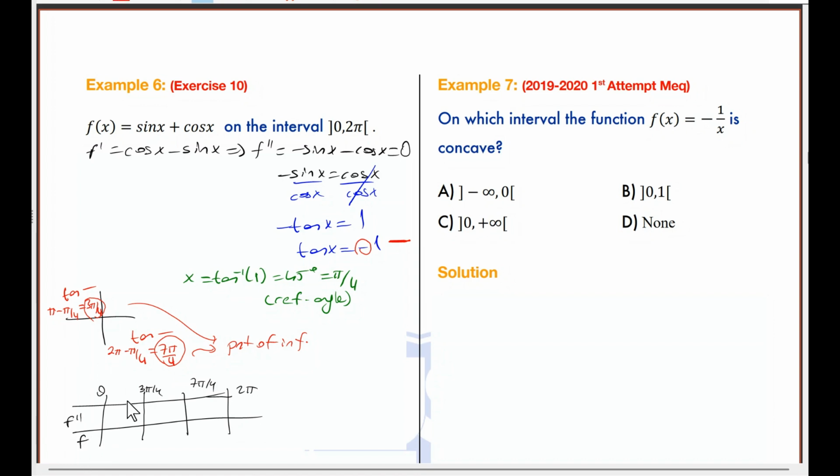Let's pick a value more than 0, like 1. Put it back in the second derivative: negative sine 1 minus cosine 1. What is the sign of this? Just use your calculator. You're going to get a negative result. Change the sign at every value because there is no double root. So this is how the table of variations looks.